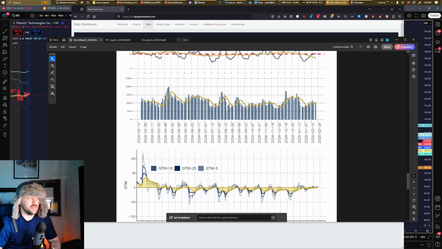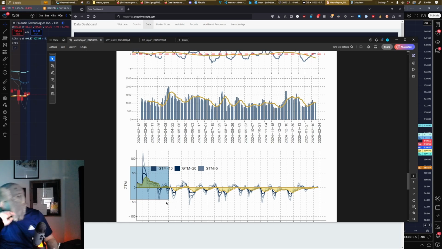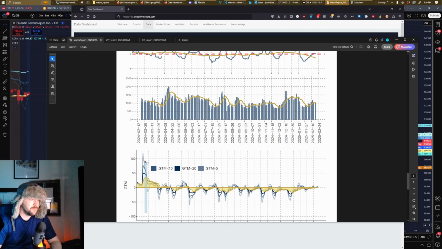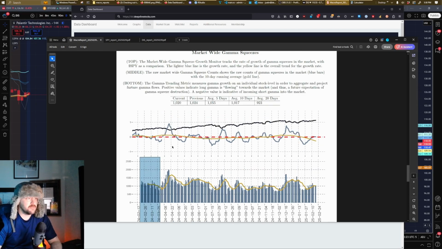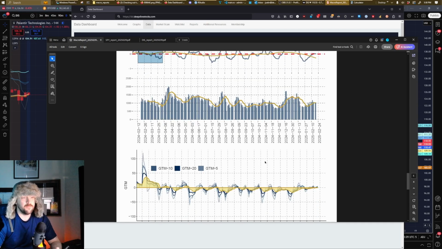In general, with a flow of long gamma anticipated, you can anticipate a decrease in gamma squeezes, an increase in the market-wide performance, as well as a decrease in volatility.